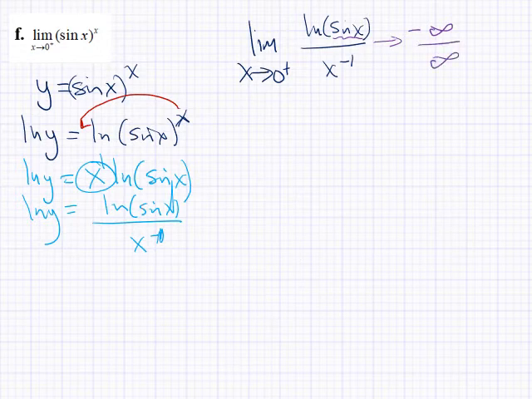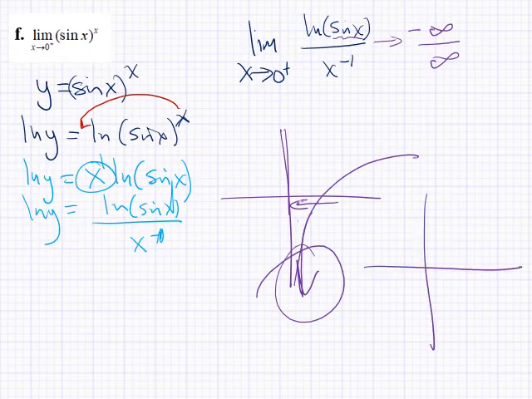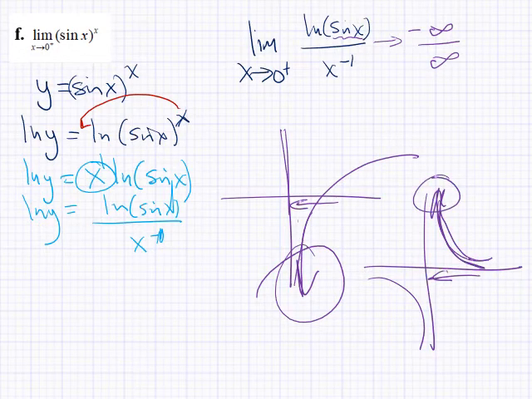And again, just think about the two functions. Here's a logarithm. The thing inside the logarithm, the sine x, gets closer and closer to 0. The function itself goes down to negative infinity. And x to negative 1 is this hyperbola. As x gets closer and closer to 0, the function gets closer and closer to positive infinity.